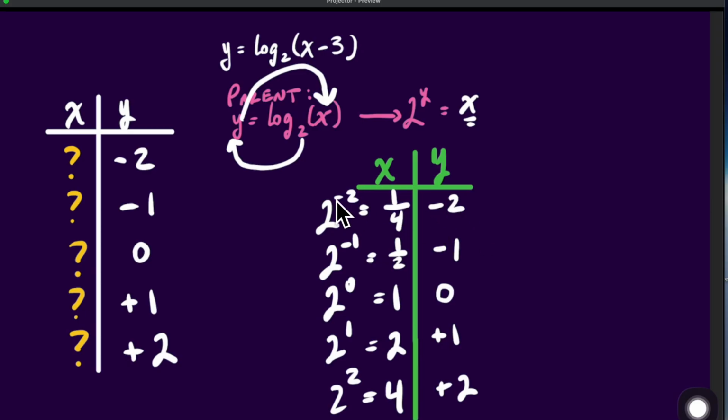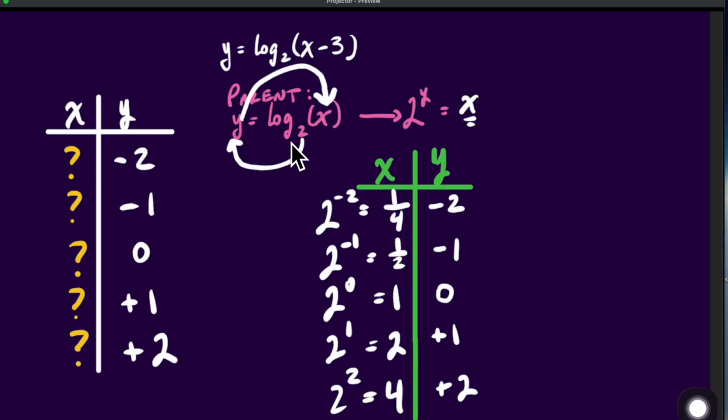And here you could see that 2 to the -2 power will yield an x value of 1 over 2 squared, which is 1/4, 2 to the -1, 1/2, 2 to the 0, 1, 2 to the first power is 2, and 2 squared is 4.